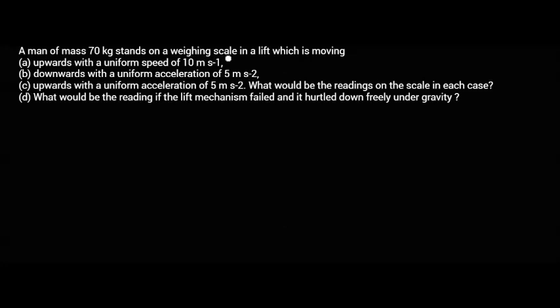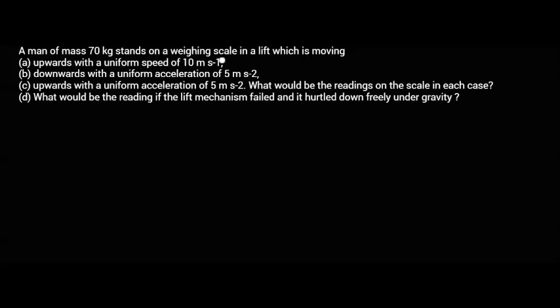So here we have to find out what is the apparent weight shown by the weighing scale when the lift is moving with a uniform speed, with acceleration 5 meters per second square, and when it is moving downward with an acceleration of 5 meters per second square. So how to measure the apparent weight? This apparent weight measured by the weighing scale will be equal to the normal reaction provided by the floor of the lift.